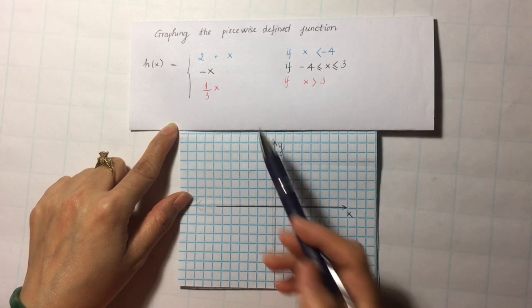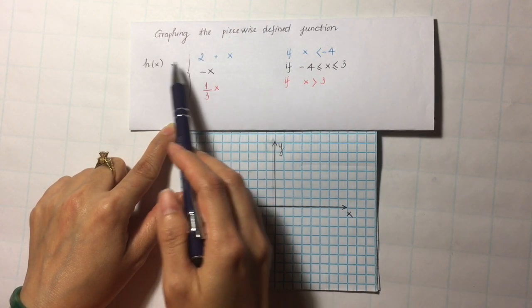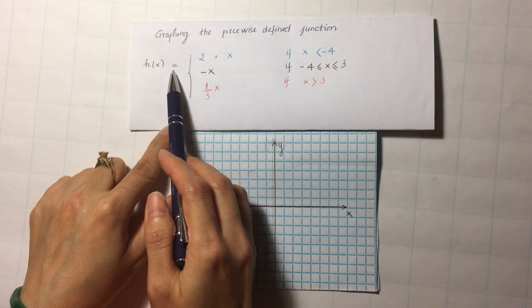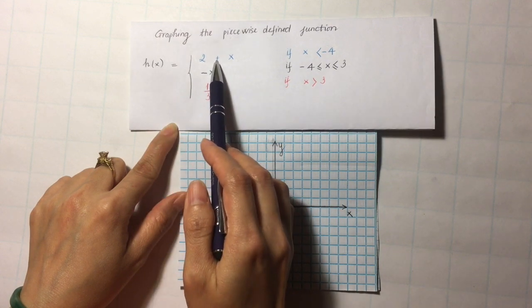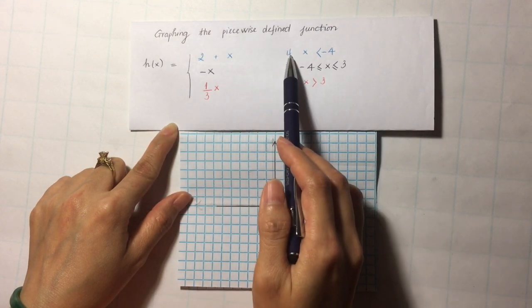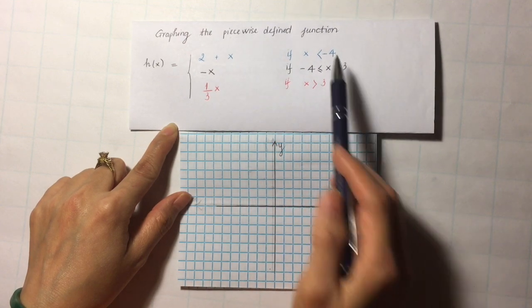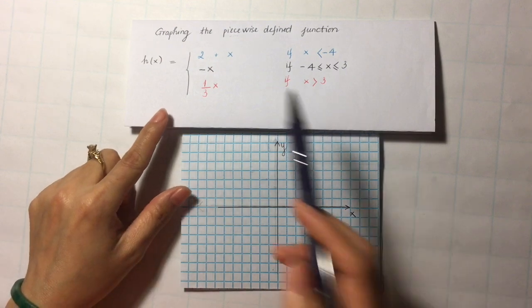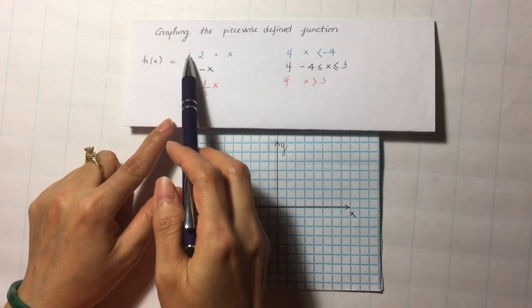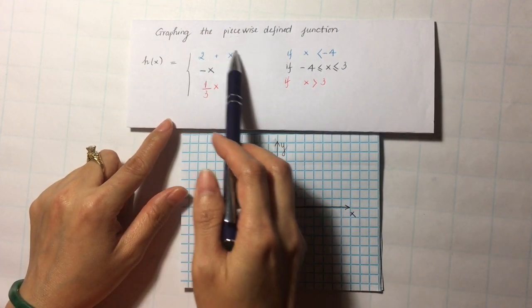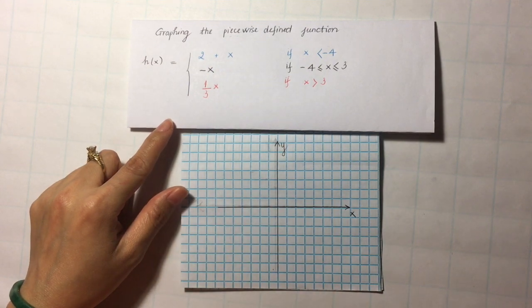Let's graph the first one, which is h of x equals 2 plus x if x is less than -4. As we look at it, this is a linear function, so the graph will be a line.